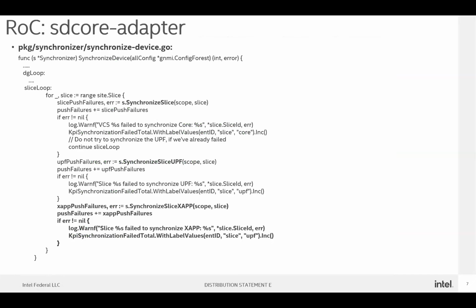On the SD core adapter, we have updated the synchronized device section. We have created a synchronized slice XApp API here as part of this synchronized device, and we will be pushing this information during the device sync.